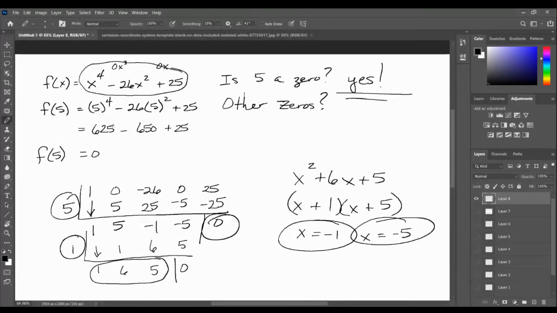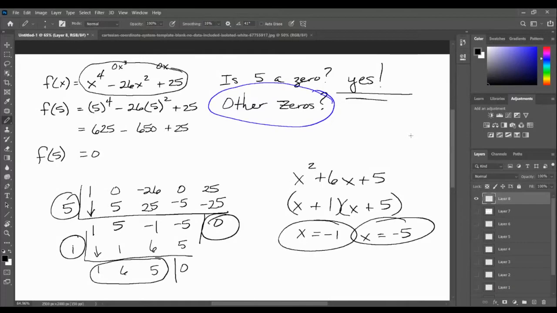We are at the end of time, but I wanted to show you that there's great value in using synthetic division if you have any questions like this one beyond, is that number a 0? Synthetic division will get you there faster than guessing and plugging numbers into the formula.